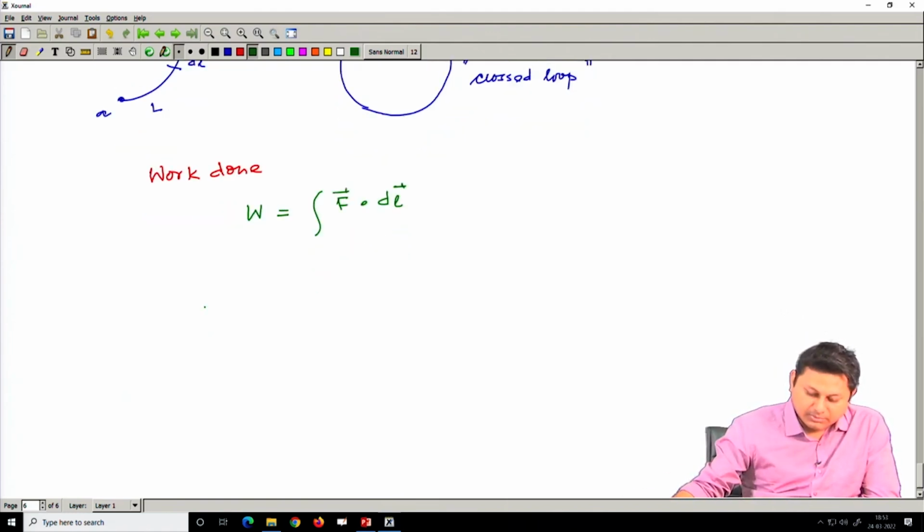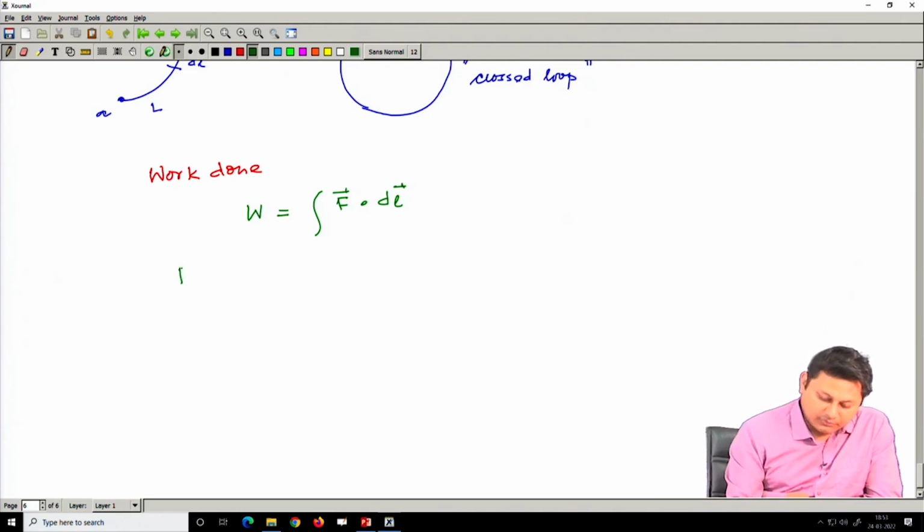Now mathematically, in the Cartesian coordinate system, if I expand this, the force is Fx with unit vector i, Fy unit vector j, and Fz unit vector k.